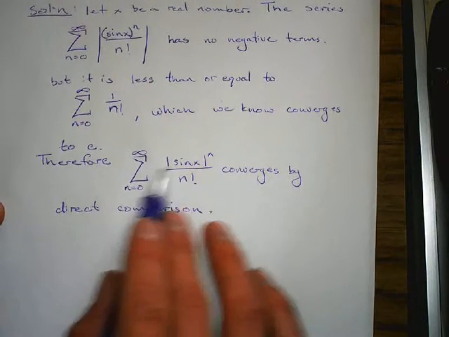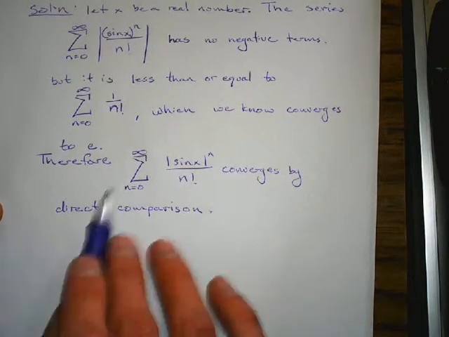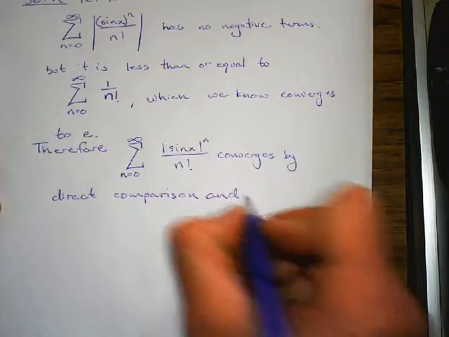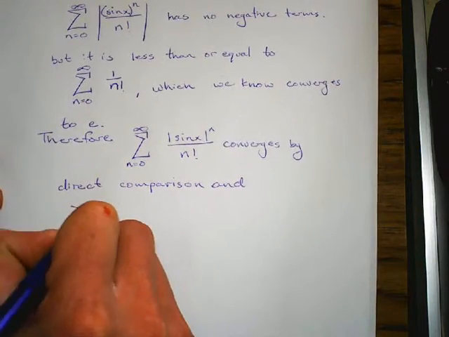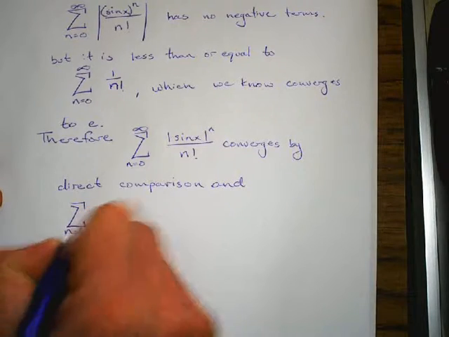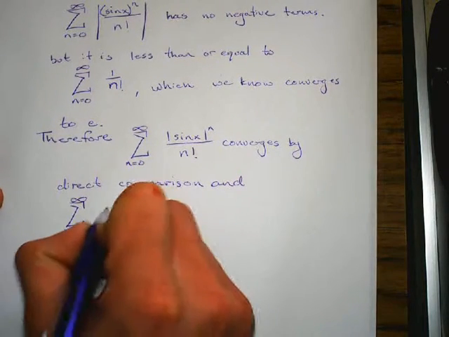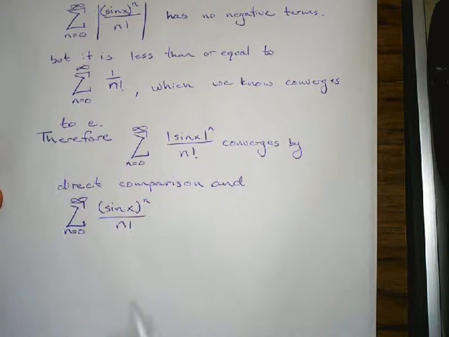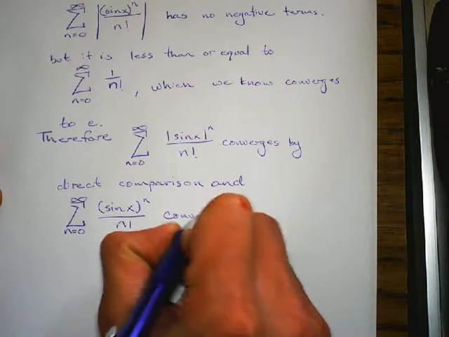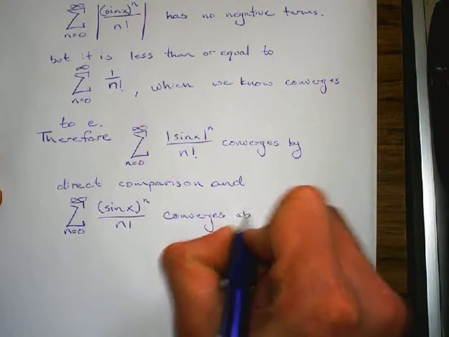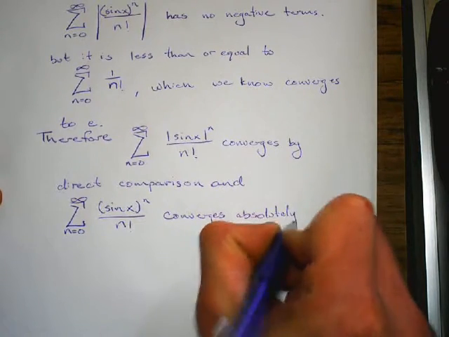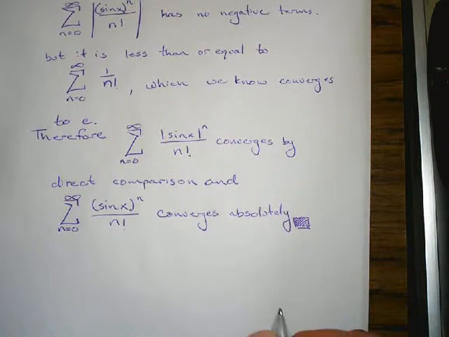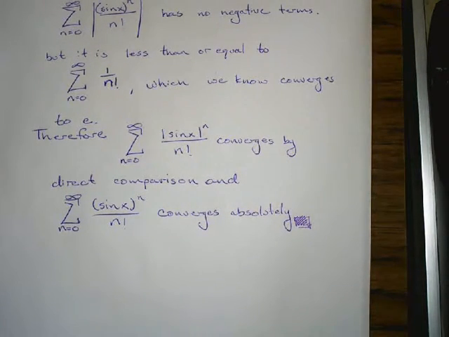So now we have that this series converges by direct comparison, and this series, starting at n equals 0 to infinity, of sine of x to the n over n factorial converges absolutely. That is the end of my proof. I get my little QED box and I am done.